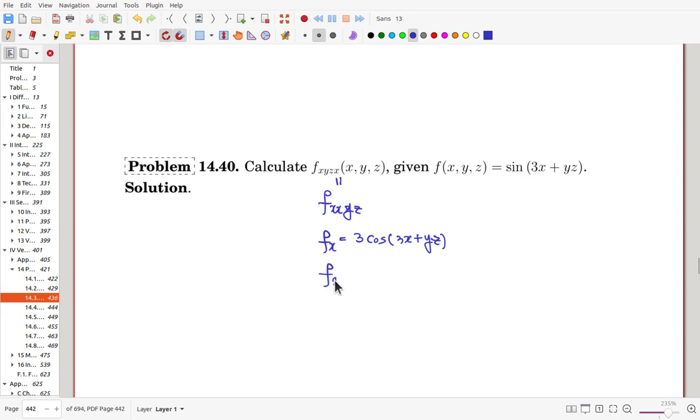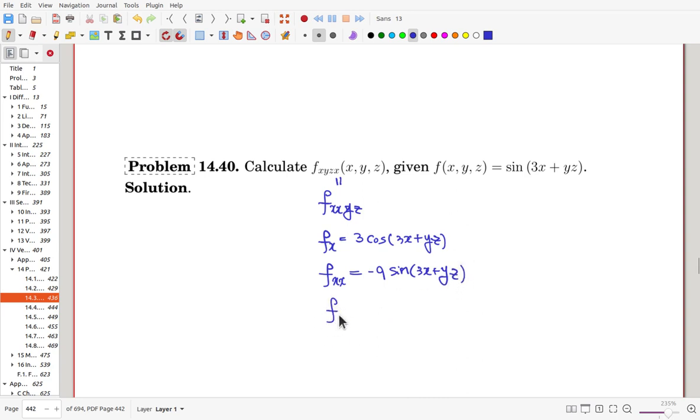One more time, from this one x derivative, then one more 3 will come out, and cosine will change to sine with a minus sign, so that the coefficient must be minus 9 and sine of 3x plus yz. Right?